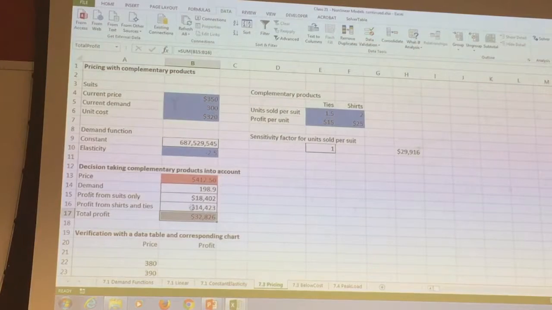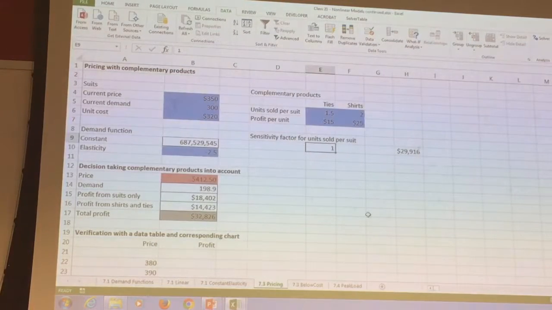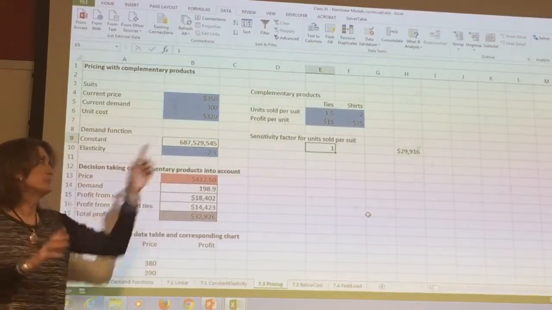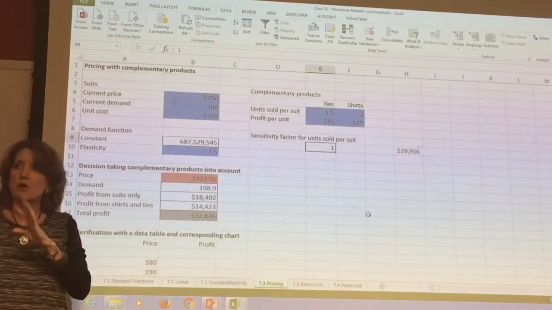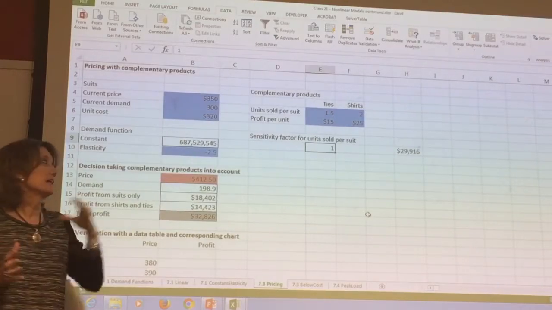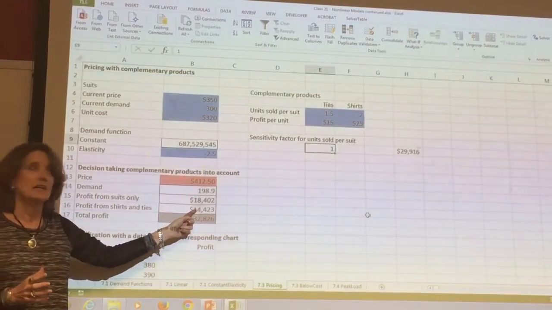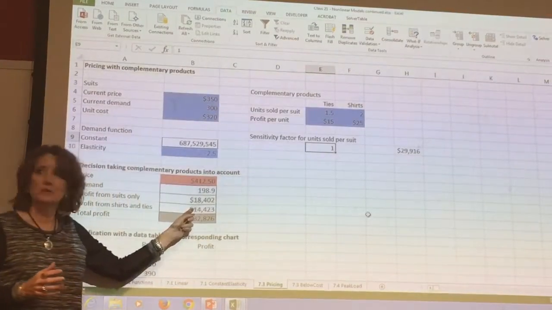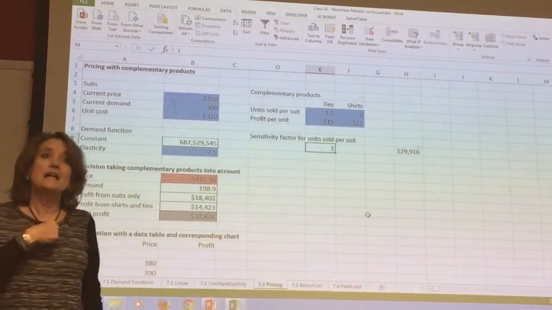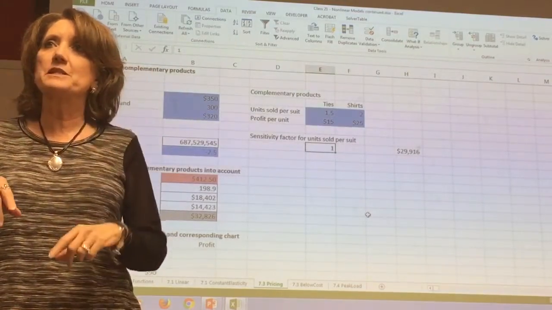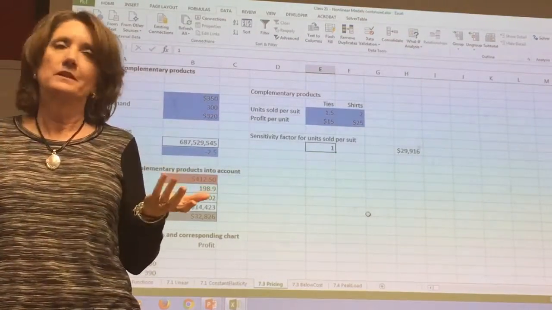What's the sensitivity factor? Because I multiplied it down here, it's gonna allow me to adjust how much profit I'm getting from shirts and ties. Like if I make this a 0.5, it'll cut this in half. If I make it a 2, it'll double it. But instead of me just going through and putting a 0.5 in, resolving it, putting a 2 in, resolving it, what do I do instead?